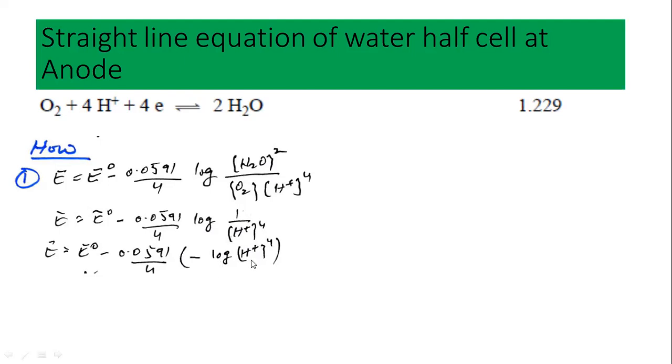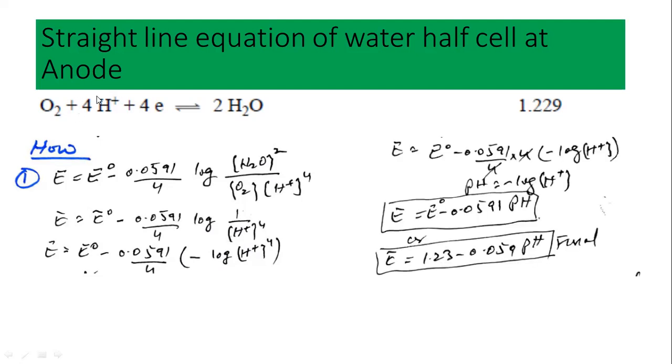So this will be the minus, and log hydrogen ion power 4, because the coefficient over here is 4. When there is any coefficient, the power becomes the coefficient when you take the log or the log natural. So this 4 is cancelled out. What is left? Minus log hydrogen ion concentration, and this will be equal to the pH.